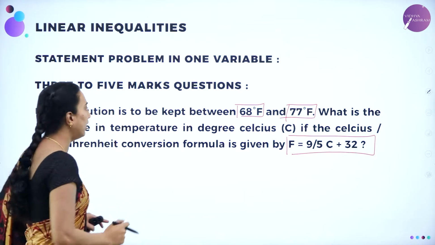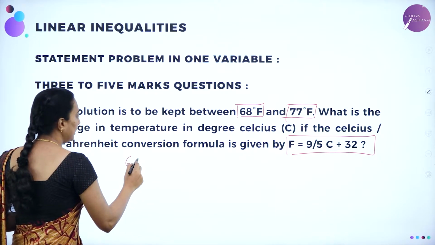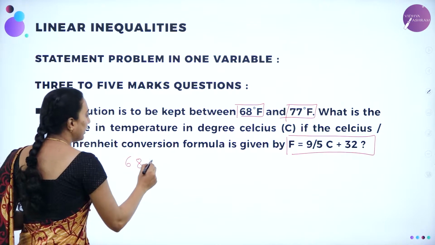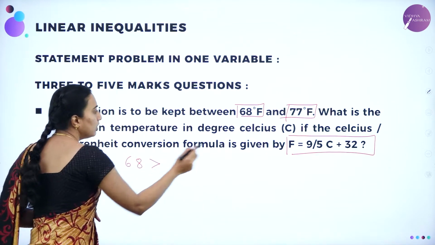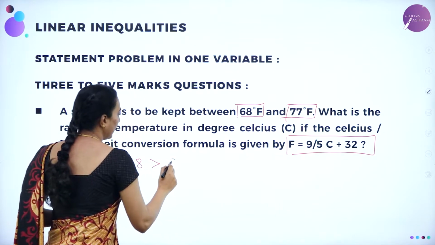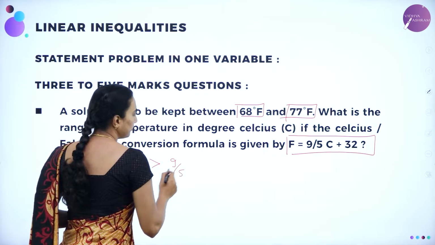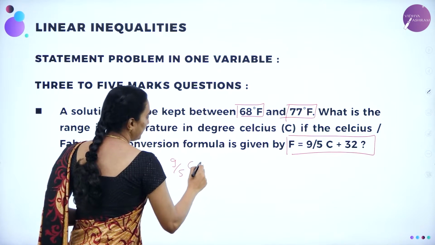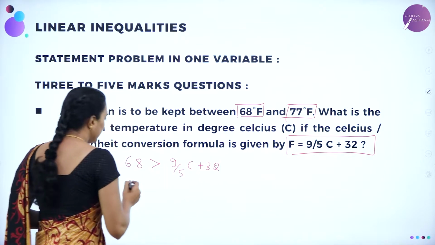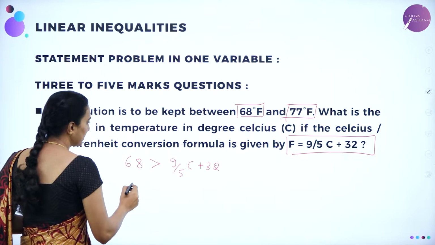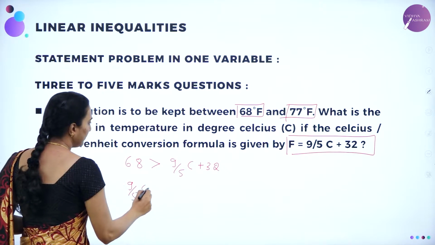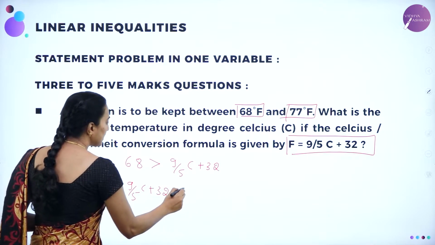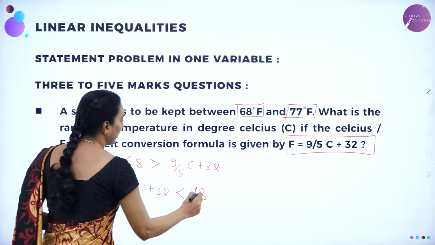Therefore the given formula will be like this: 68 degree Fahrenheit will be greater than, what is the formula? So 68 degree Fahrenheit is greater than 9 by 5 C plus 32, and it is lesser than 77 degree. That is, 9 by 5 C plus 32 is lesser than 77 degree Fahrenheit.